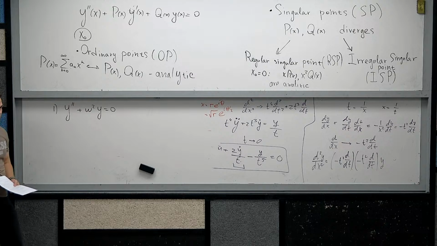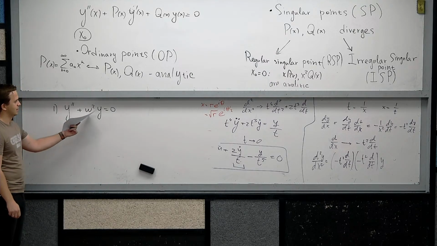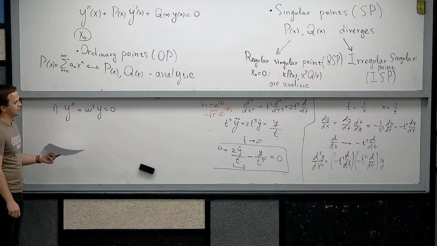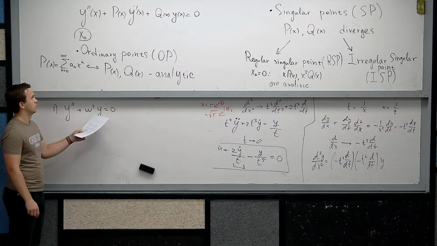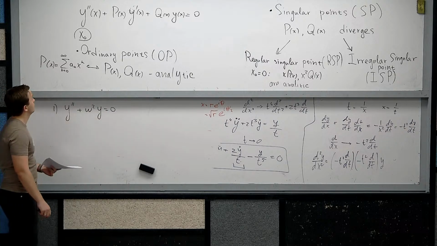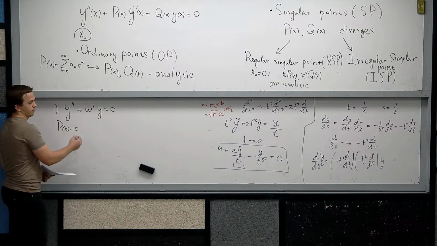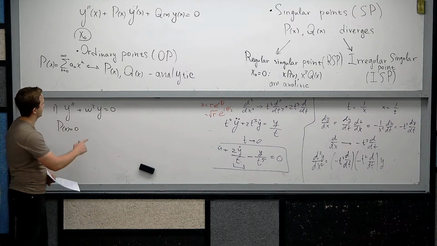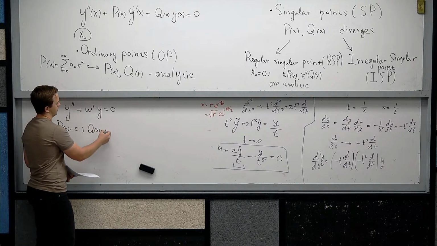It's ordinary. Yeah, I mean every point, every x. If we plug any x into the equation, we see that nothing really changes. Because if we write this equation in terms of p and q, we will see that p of x is just 0, and q of x is constant, omega squared.